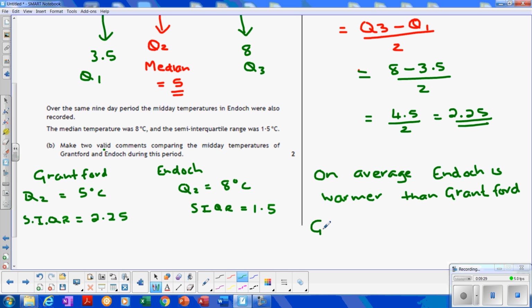So Grantford had more variation in temperatures. Okay, now you could answer that round the other way. On average, Grantford is colder, and on average, Endhoek has got more consistent, less variation in the temperatures over the 9 days.